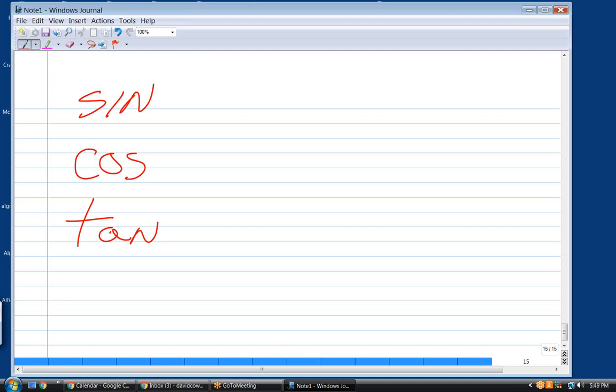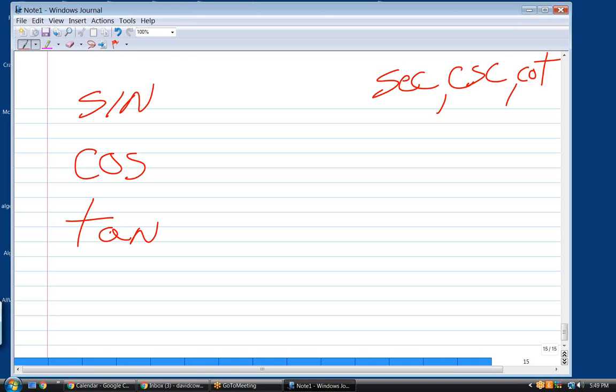Right. In other words, if it's a TI-84 or less, you're only going to have 3 buttons on there that are trig functions, and that's sine, cosine, and tangent. There are 3 other trig functions: secant, cosecant, and cotangent. I know mine has that as well.